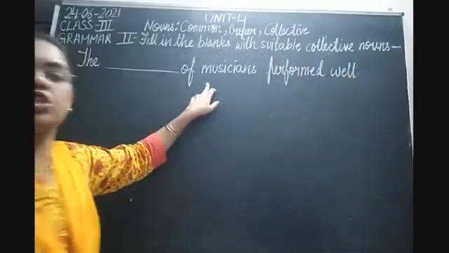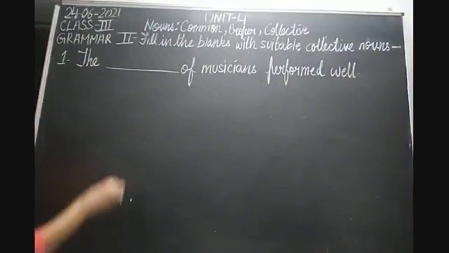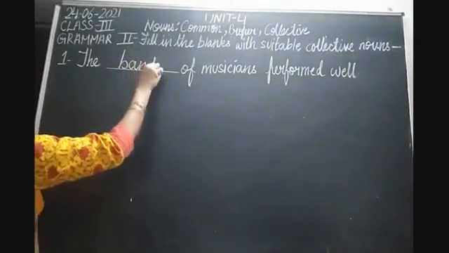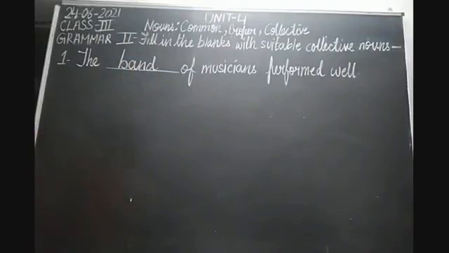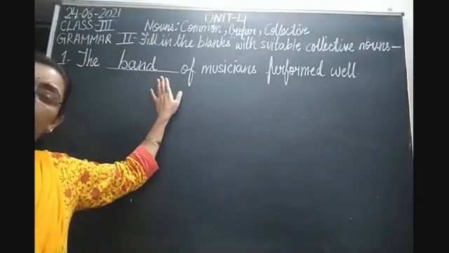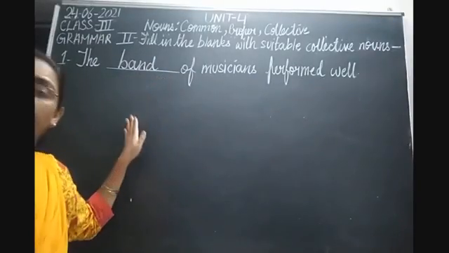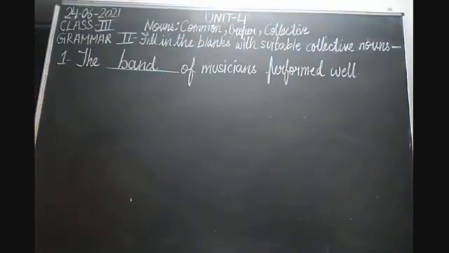So, for musicians, which collective noun do we use? We use band. So, we write B-A-N-D, band. The band of musicians performed well. है ना? Musicians के लिए कौन सा collective noun यूज किया जाता है? B-A-N-D, band. So, the band of musicians performed well.